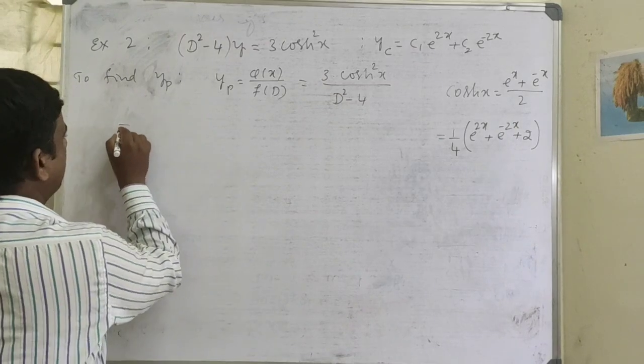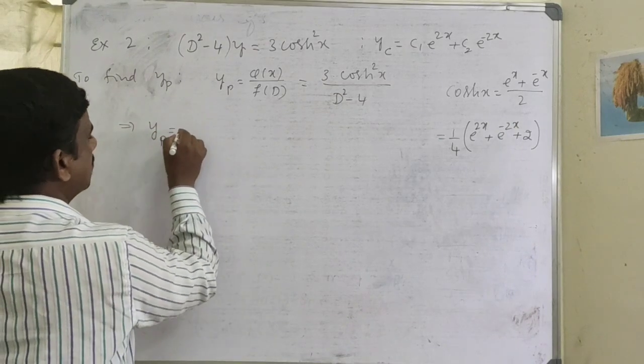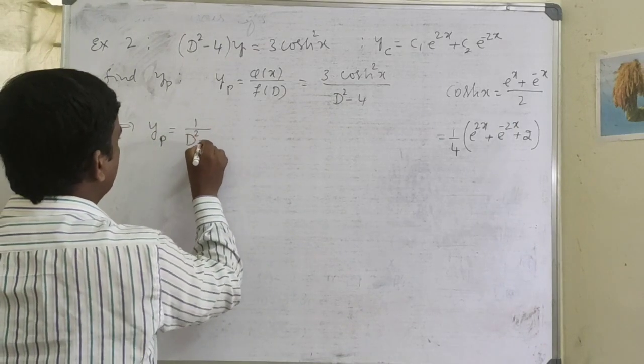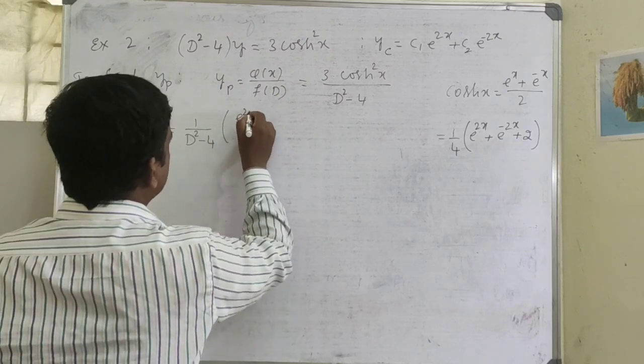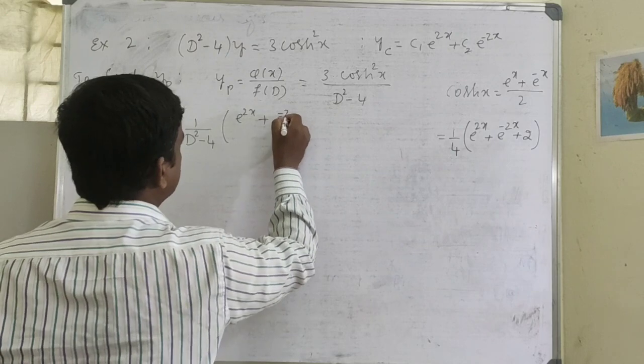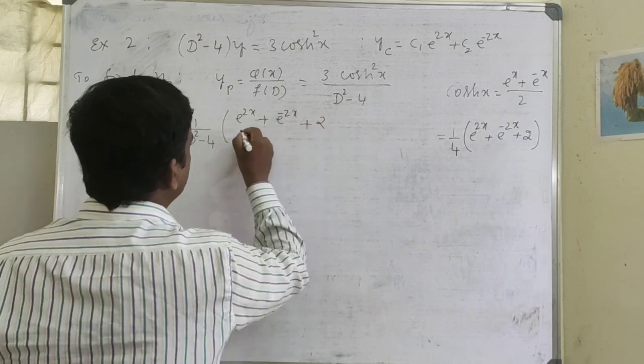So I got yp equal to 1 by d square minus 4 times e power 2x plus e power minus 2x plus 2 by 4.